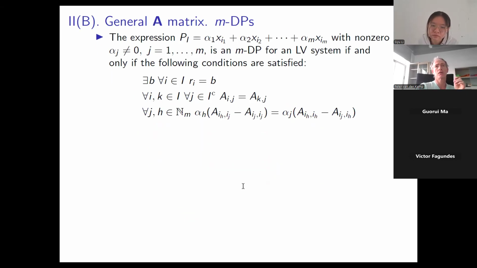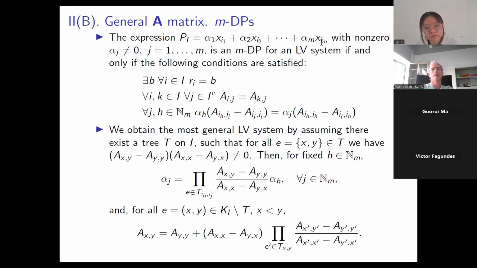Okay, so now this can be generalized to, instead of looking at 2 DPs, you can look at m DPs. So instead of just a linear combination of 2 variables, you have a linear combination of m variables. You can write down the condition on the matrix A. And here it is. This is the condition.